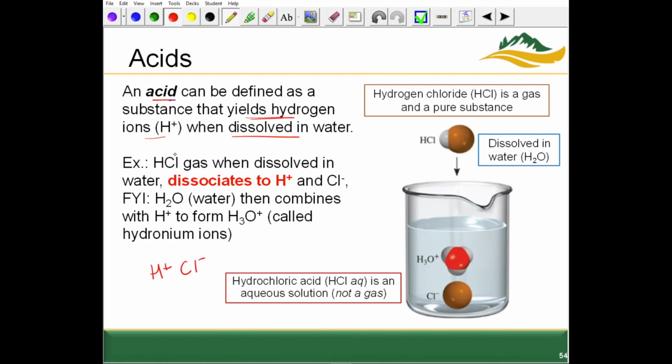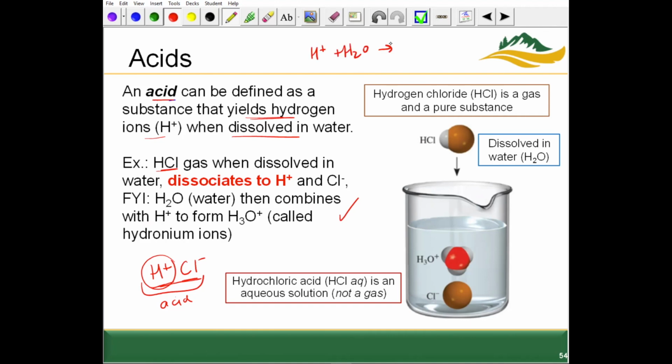For example, HCl, when that is dissolved in water, these 2 ions separate and H plus is donated from this original compound. So if H plus can be donated from this original compound, that means that this altogether is considered an acid. We will come back to acids and bases again later on. This is just to get you started getting familiar with these different terms.